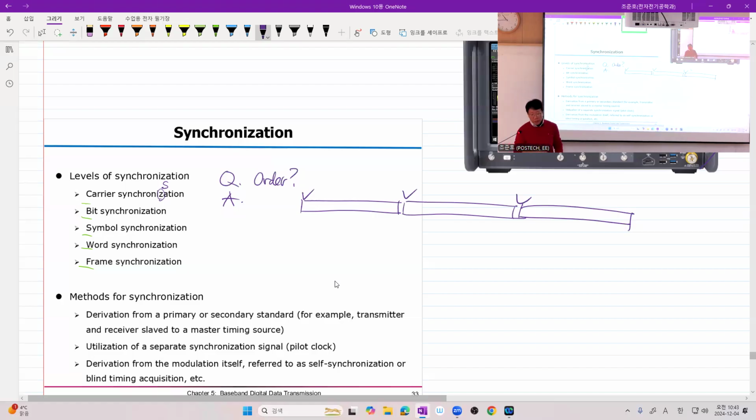Sometimes we find the frame synchronization first, and then do bit synchronization, something like that, depending on our modulation scheme. And even if the modulation scheme is fixed, sometimes the order of different synchronizations depends on the signal to noise ratio.